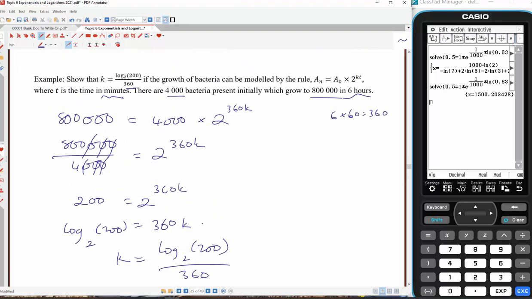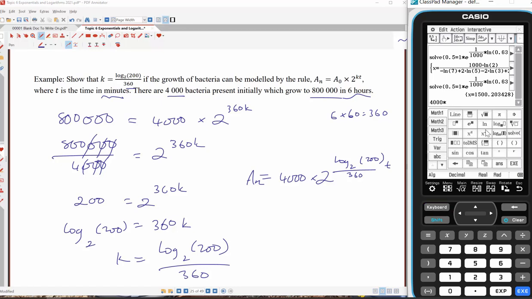Doesn't ask us to do it, but therefore the model is going to be A equals A0, which was 4,000 times 2 to the log 2 200 over 360 t. Right, let's just see whether this does work. So we'll go 4,000 times 2 to the power of, actually we'll just use the template here.